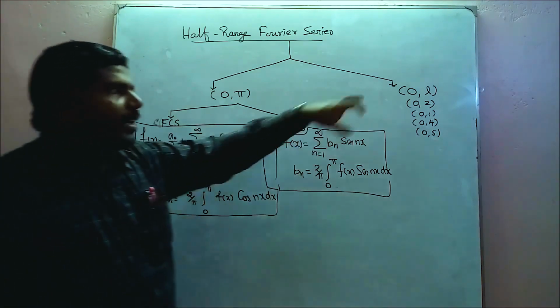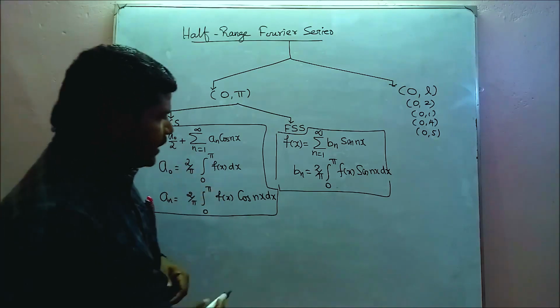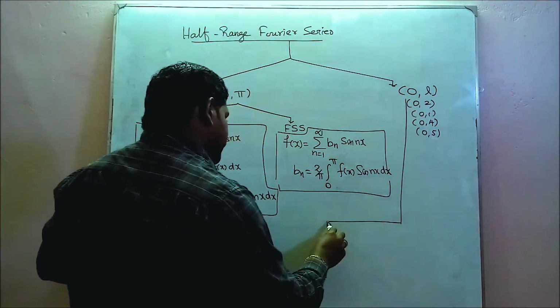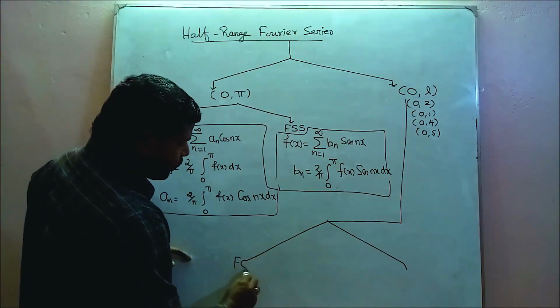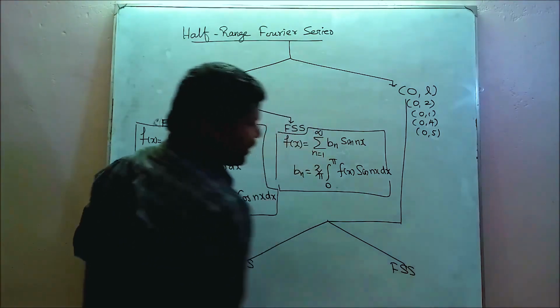Similarly, under the range 0 to L we have two formulas: one for the Fourier cosine series and another for the Fourier sine series.